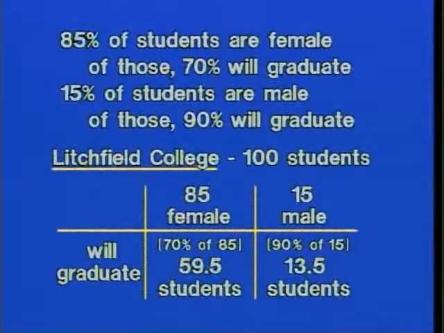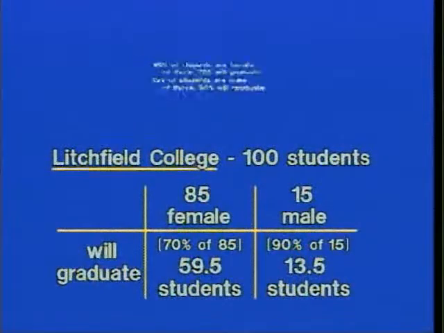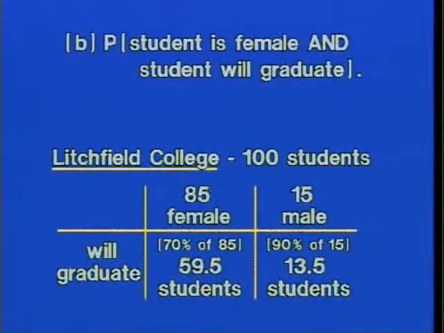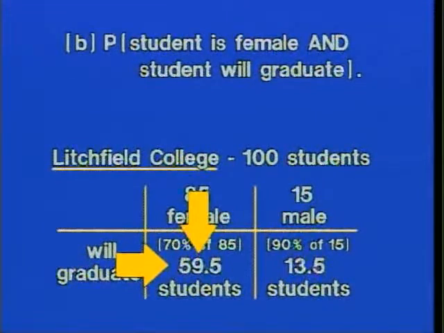Now we can make our calculations in an alternative way for the items in question. For example, from that B part, it was the probability that the student is female and the student will graduate. This is the female column, and the graduates are along this row. So the females that will graduate, we have 59.5 of those.